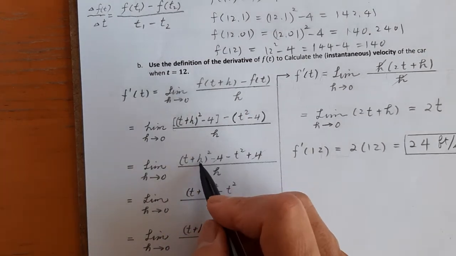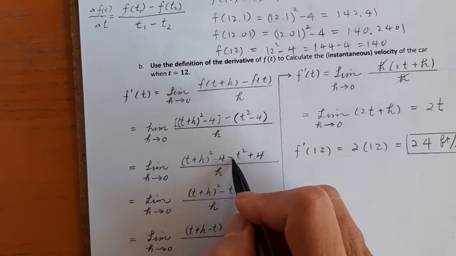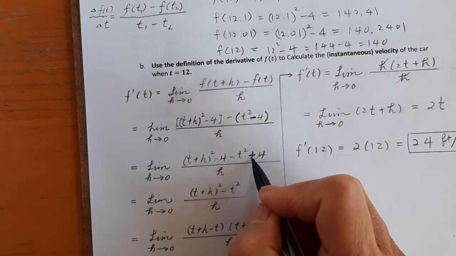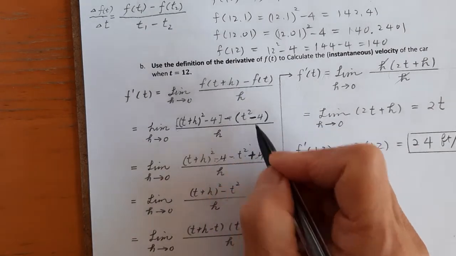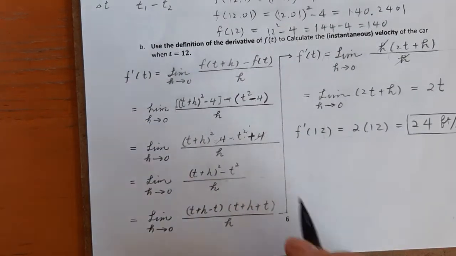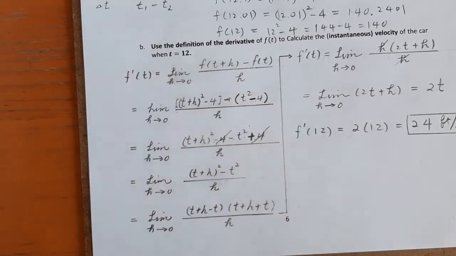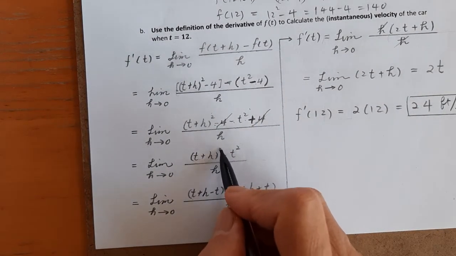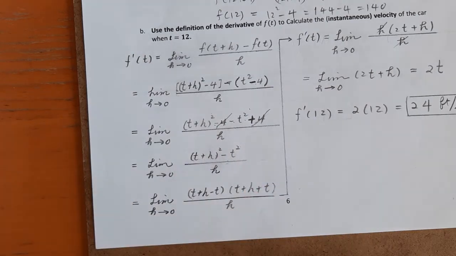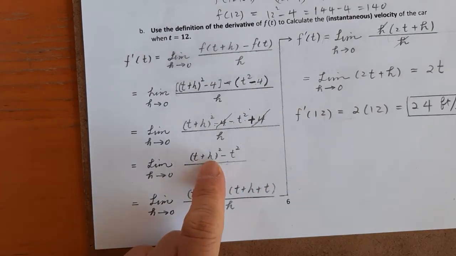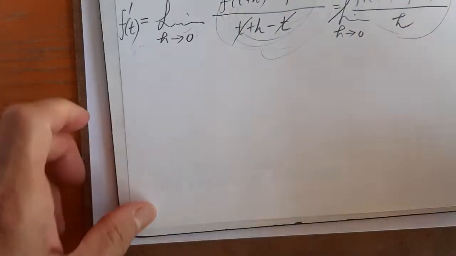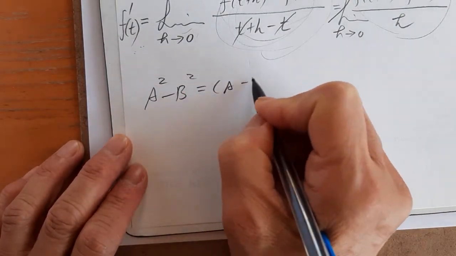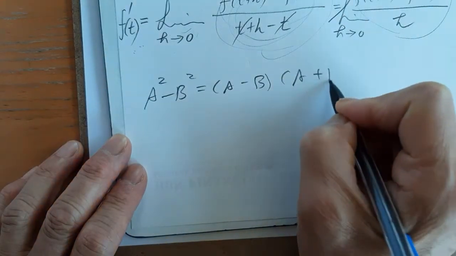So we have t plus h squared minus 4 minus t squared plus 4. Removing the parentheses, the minus changes to plus, because negative times negative becomes positive. Then negative 4 plus positive 4 is 0, so what remains is t plus h squared minus t squared. Then use the formula a squared minus b squared equals a minus b times a plus b.